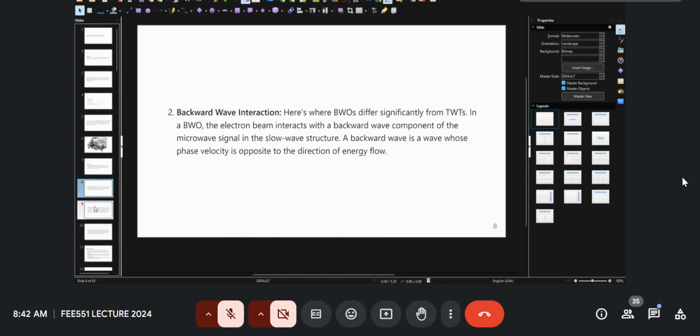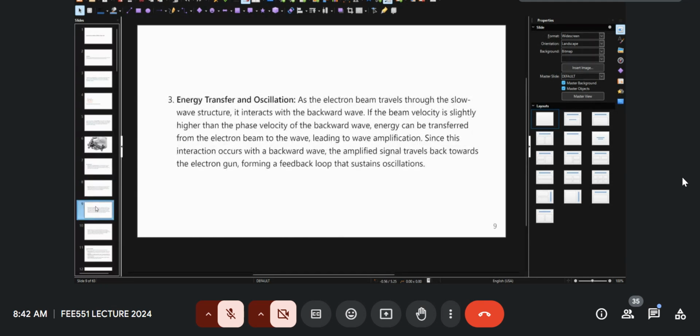Let me just go to that slide. Yes, energy transfer and oscillation. So just an overview, as I've said, I hope you remember the direction of the electron beam and the direction of your signal and all that.